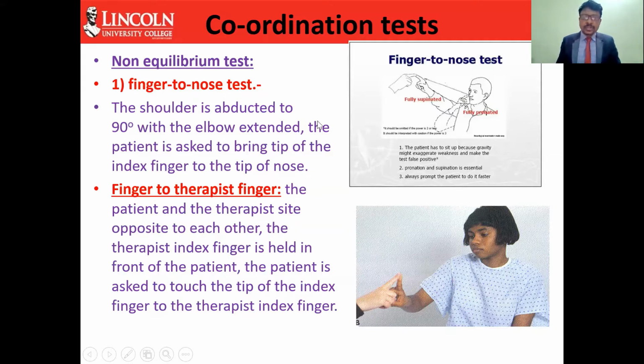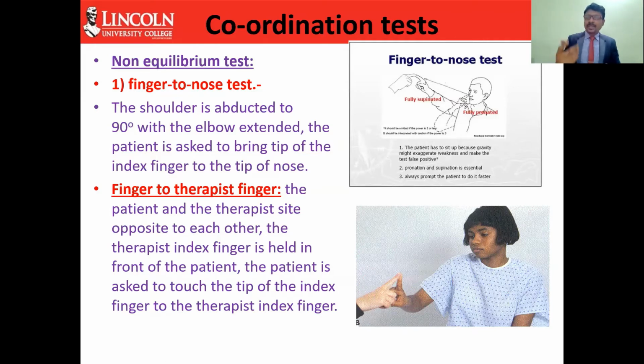In the finger to nose test, the patient should be comfortable in a sitting position, with the shoulder abducted 90 degrees and the elbow in extension. The patient is asked to bring the tip of the index finger to the nose. Normal persons can touch the nose exactly.